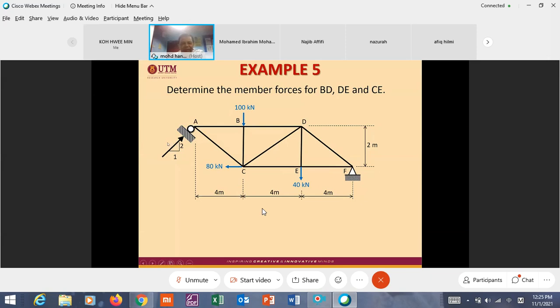When can we use Fx equal to F sine alpha or F cos alpha? I hope you take it as homework to study at home, to become familiar with the rectangular components of force. So now BD, DE, and CE.